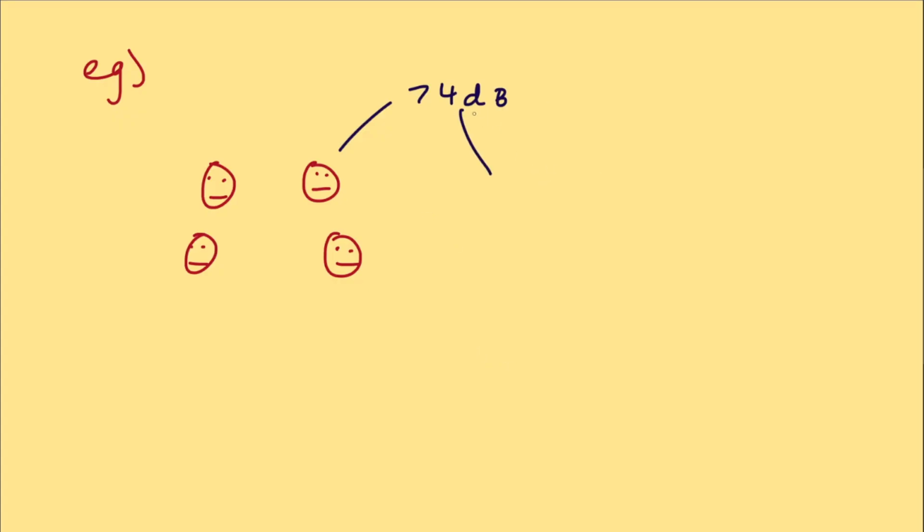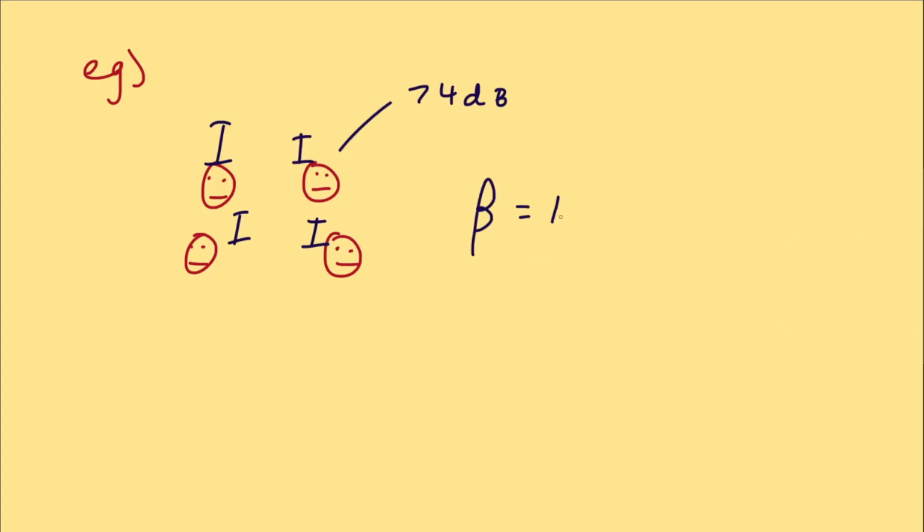Let's go through one last example problem. Let's say there's 4 trumpets playing at once. Okay, these are our trumpets. I know they look like people, but we're trying to imply that the people are playing the trumpets. So we have 4 trumpets playing at once, and one trumpet is 74 decibels. What's the total decibels? Here's a key. You don't add up decibels. You don't just go ahead and multiply this by 4. You add up the intensities of each person playing the trumpet, and then you convert that into decibels.